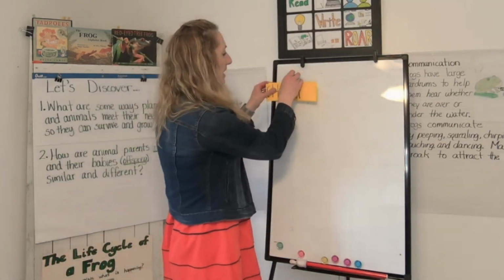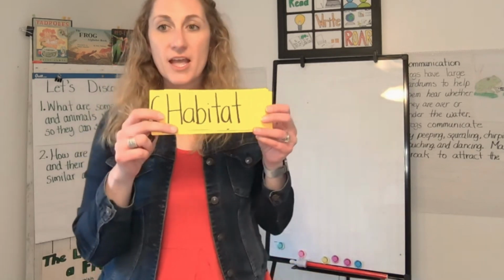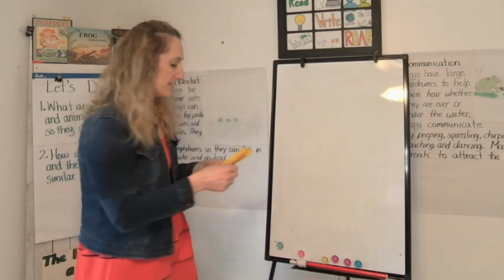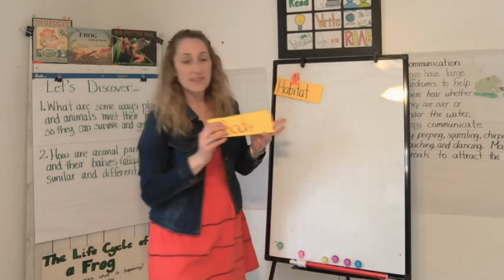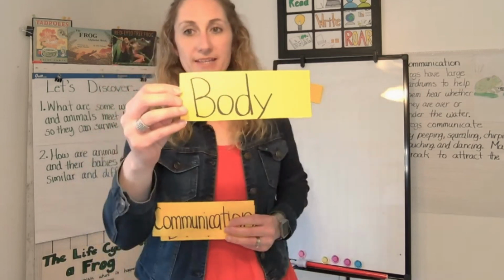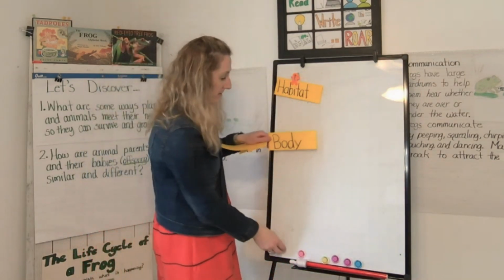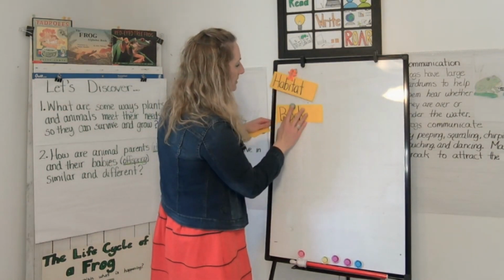Now, here are the big topics that we learned about when we're studying about frogs. Habitat. Can you say habitat? Great. Do you remember what that is? It's the where, right? Okay. The next part that we talked about was body. What is the body of a frog like? And how does it help that frog to survive and grow?